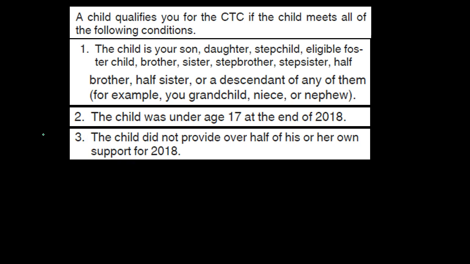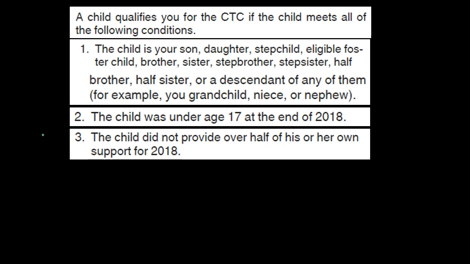Condition number 3, back to the text. The child did not provide over half of his or her own support for 2018. Again, we're thinking about tax year 2018 here, and that means this is going to be the amount of support they provide. So if they provide more than half of their own support, then they don't typically qualify for the child tax credit.